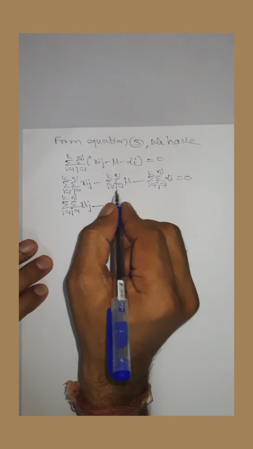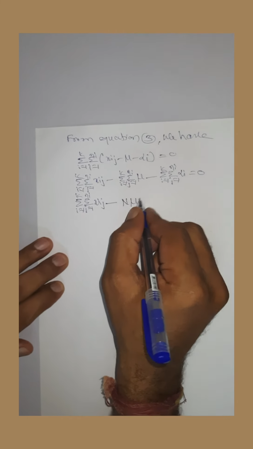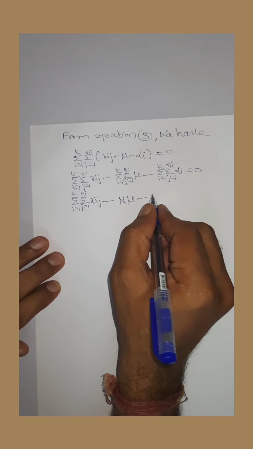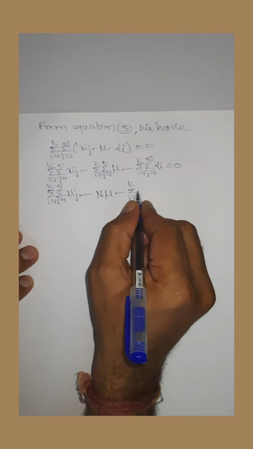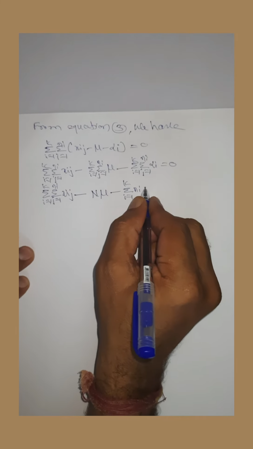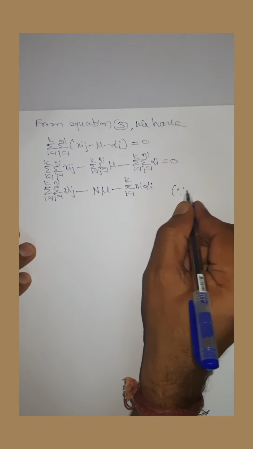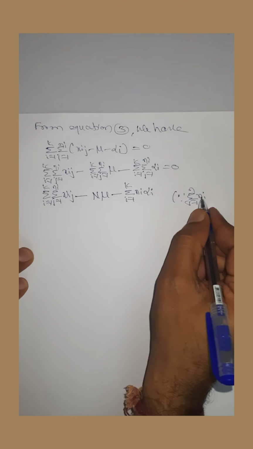This double summation is nothing but capital N, mu is constant, minus summation i is equal to 1 to k ni into alpha i, since summation j is equal to 1 to ni, alpha i is equal to ni alpha i.